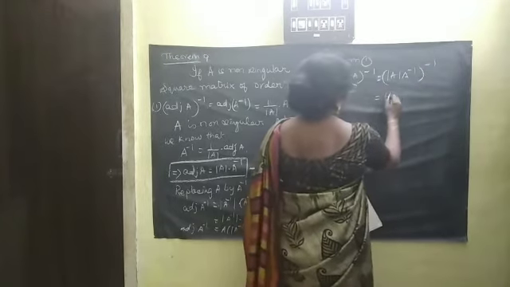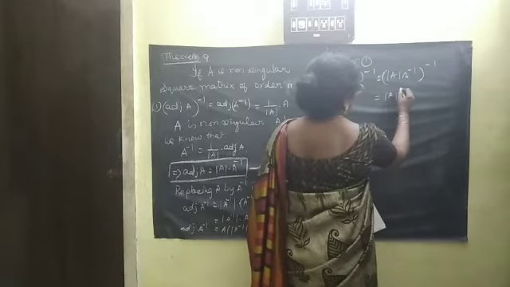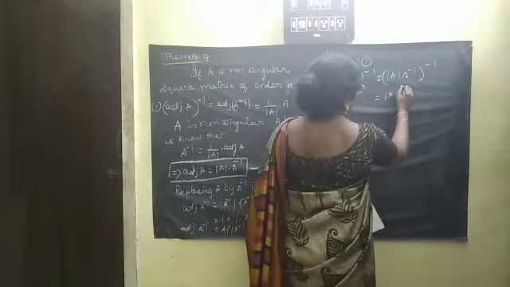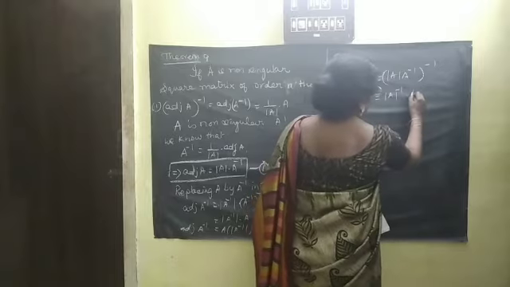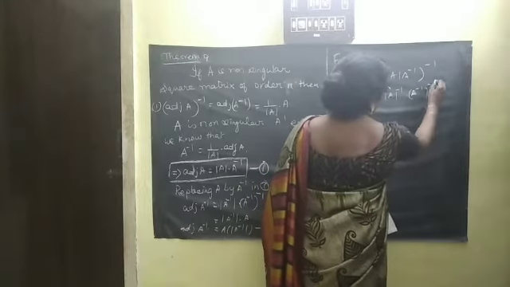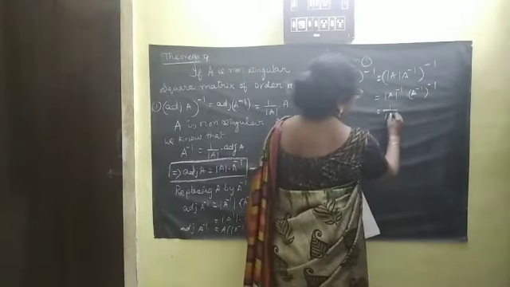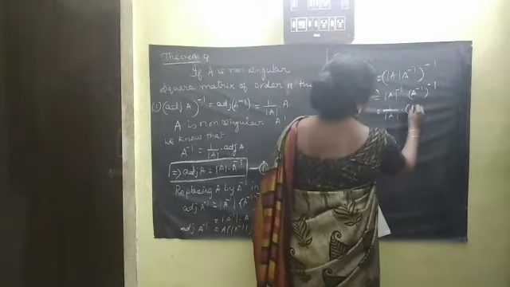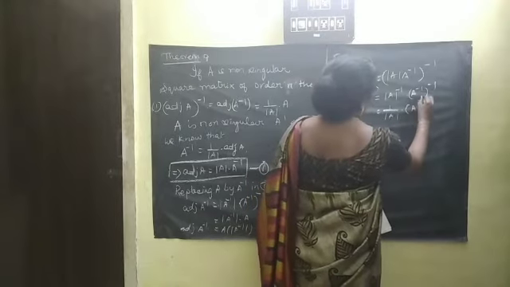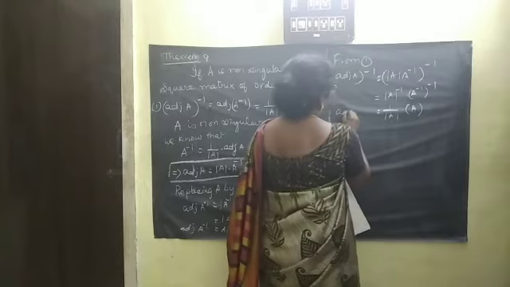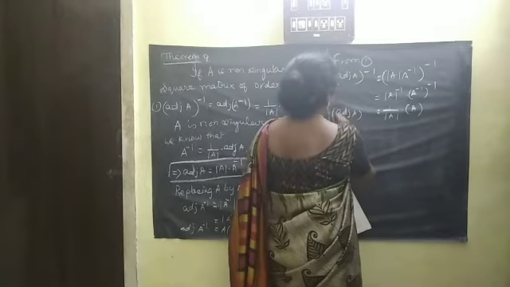So this is equal to determinant A inverse into A inverse, the whole inverse. This is equal to 1 by determinant A into A. This is equal to adjugate of A, the whole inverse.